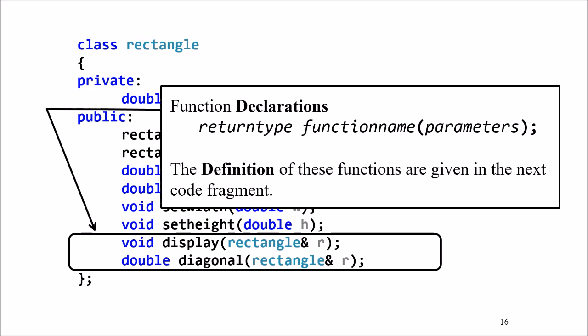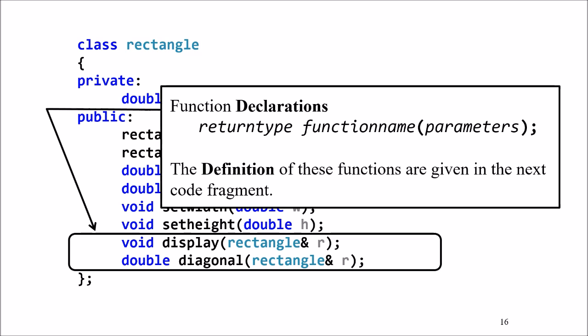First, the return type, then the function name, and then the list of parameters. These are different in that the parameter that they accept is a rectangle object, and this rectangle object is not passed by value, but it is passed by address, by reference.